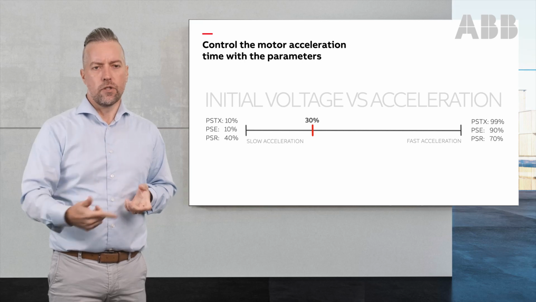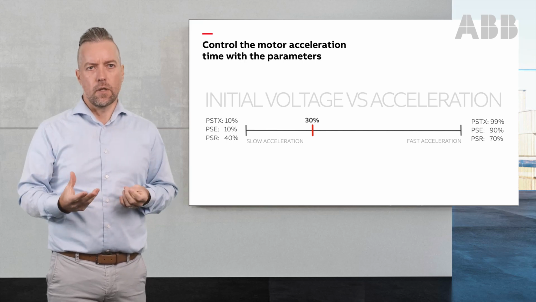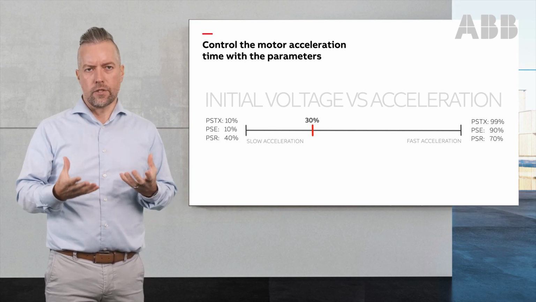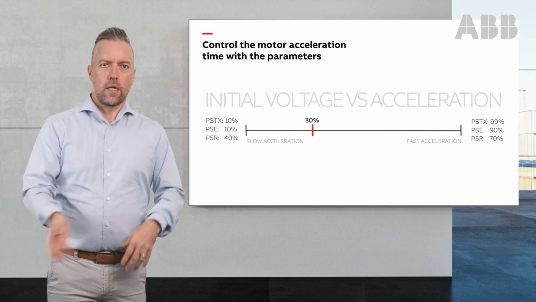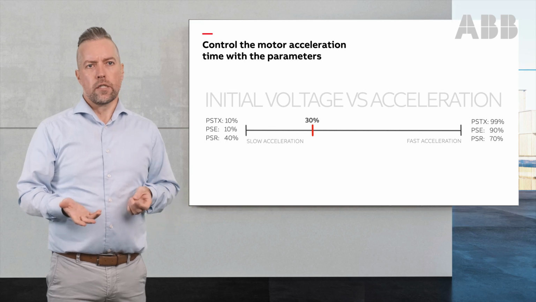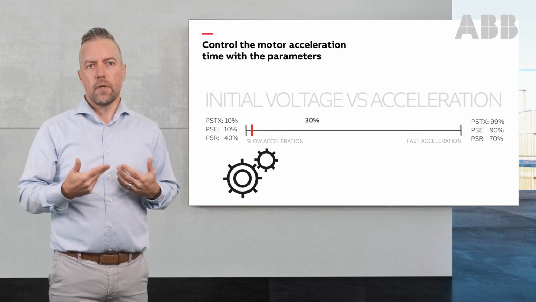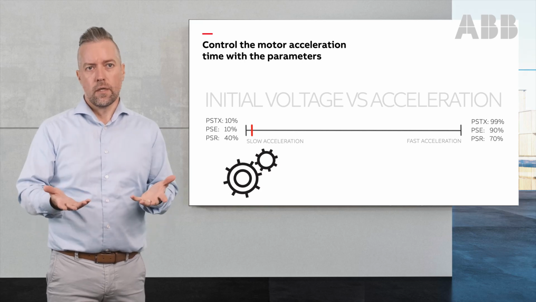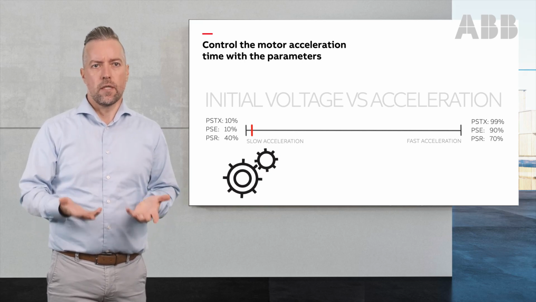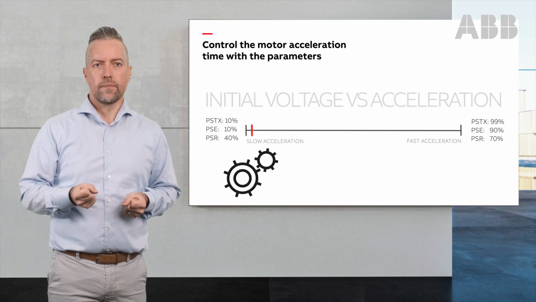Then we get the motor to rotate as quickly as possible, so it's not standing there stalling and heating up the motor. But if we want slow acceleration, we set it to the minimum: PSTX is 10%, PSE is 30%, and PSR is 40% minimum initial voltage.